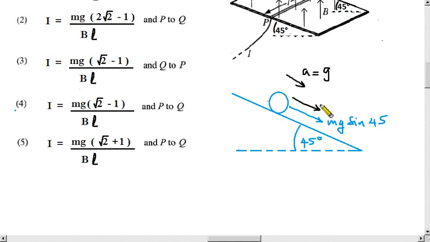So that means we need a force this way, because we are going to take it from the magnetic force. Magnetic force is always perpendicular to the flux density. Therefore we can't get a force this way directly, but we can get a force towards the right.